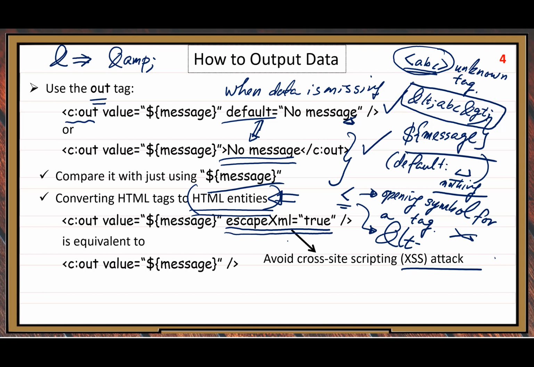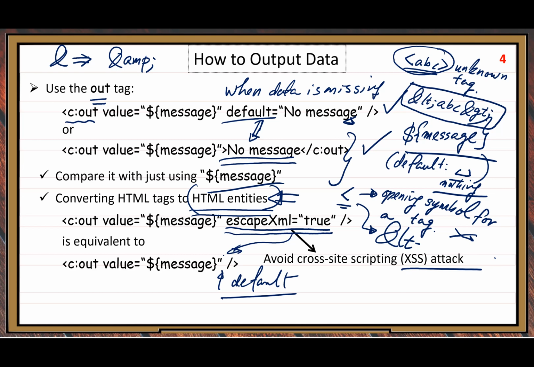That means if you do not have that part, this is the default. By default, without it, escape XML true, the true case, is used. Not the false case.